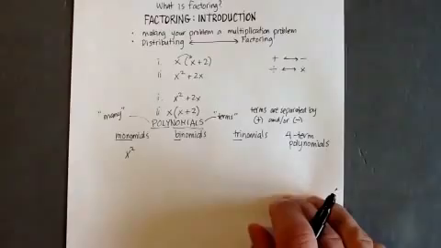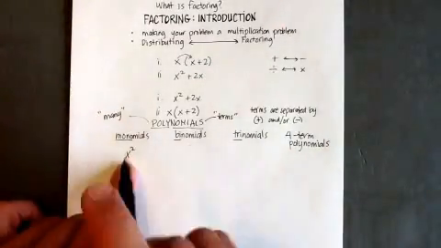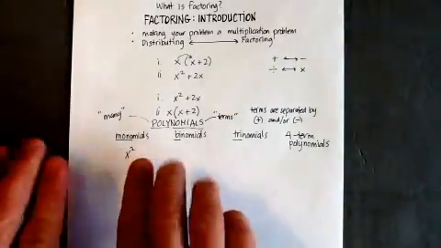Any combination of both. So for example, if I looked at this monomial, I know that it's x times x, but it's still one term, right? Because there's no addition or subtraction on either side of that thing there.